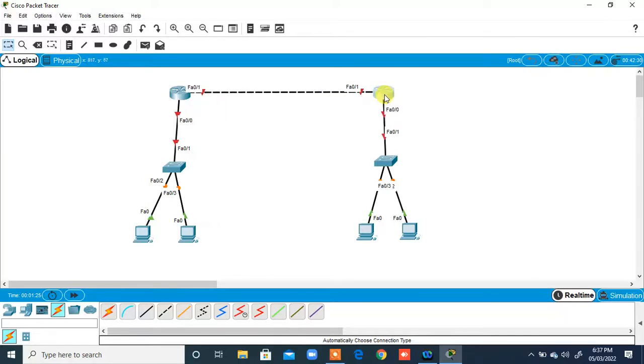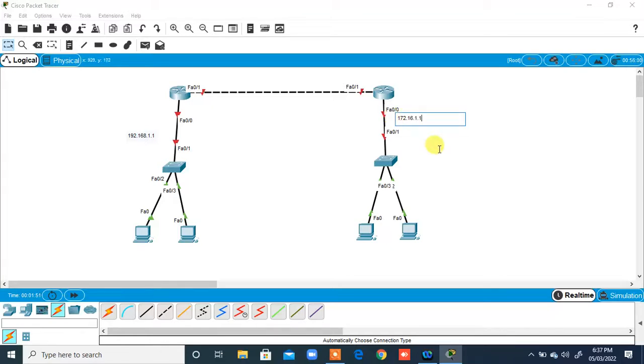Now what we are going to do, we are going to take two different networks here. Let's say this network belongs to a class C address, right? And I'm going to take one more network, 172.16.1.1, right?